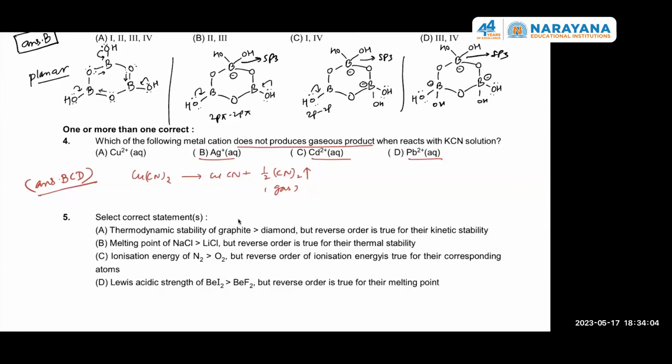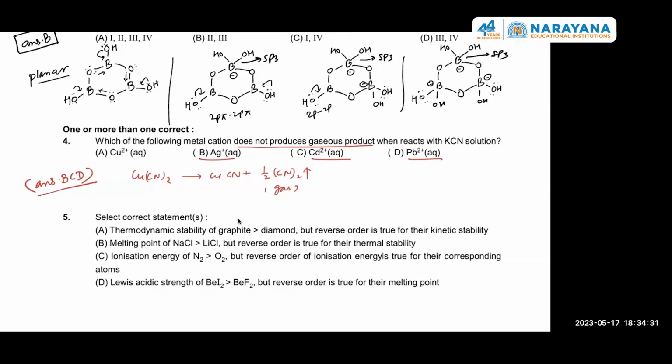So these two points always get mismatched. When we check the thermal stability of LiCl, although LiCl has covalent character, its lattice will be ionic only. And because its lattice is ionic, it will have more lattice energy. So the thermal stability of LiCl is more than NaCl. The reverse order is correct.